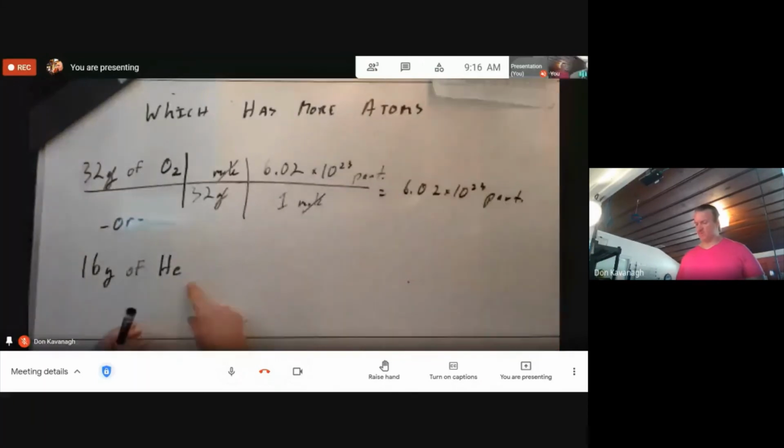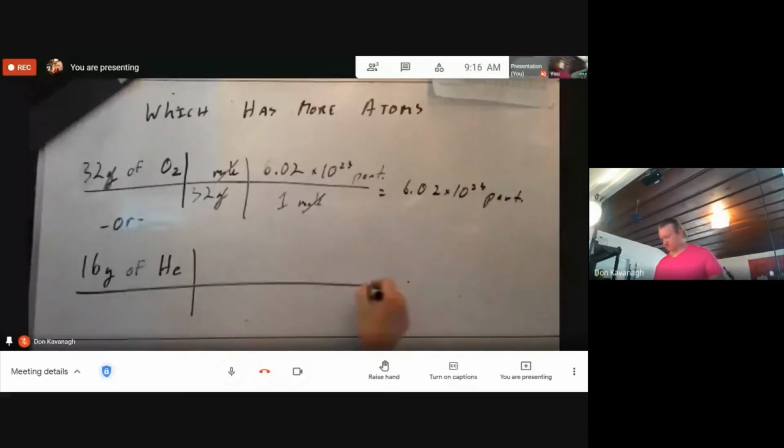And because 1 mole is always 6.02 times 10 to the 23rd, this would solve for the number of particles, about 24.08 times 10 to the 23rd particles.